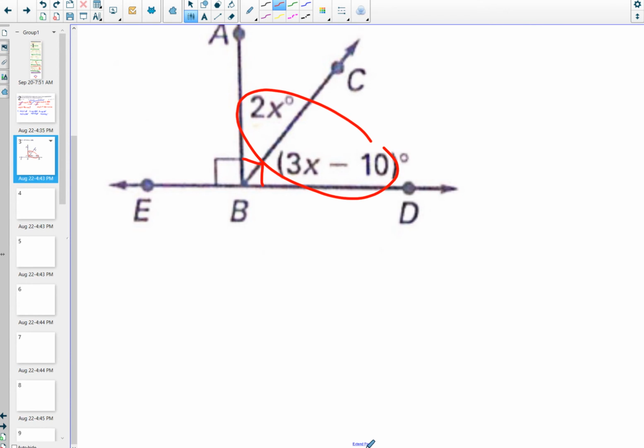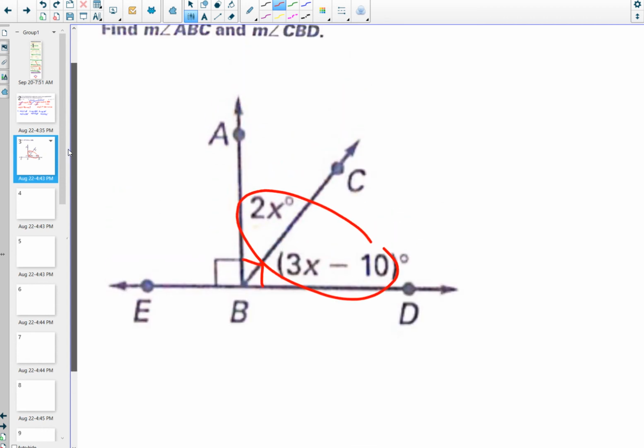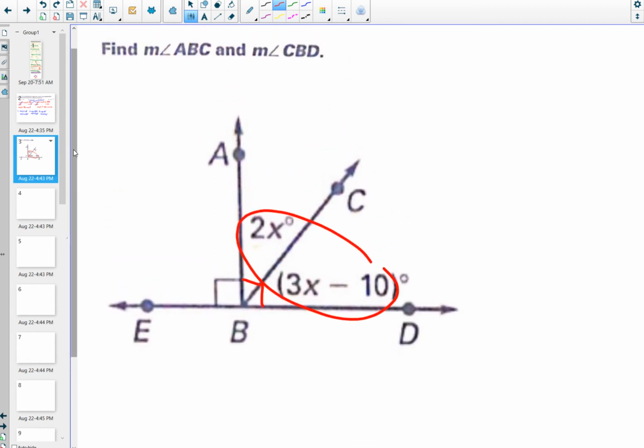The reason I threw this in is that structurally you have to get used to understanding how geometry can be applied algebra. In algebra, I want to know what x is. Isn't that what the directions tell me to do? Actually, no, they want me to find both angles. Perfect.